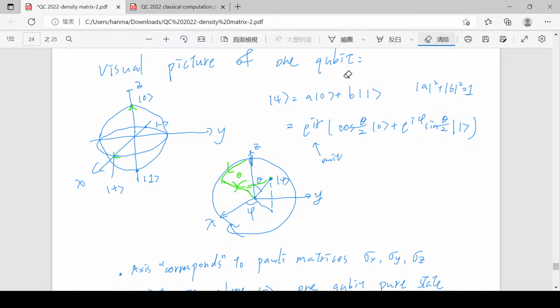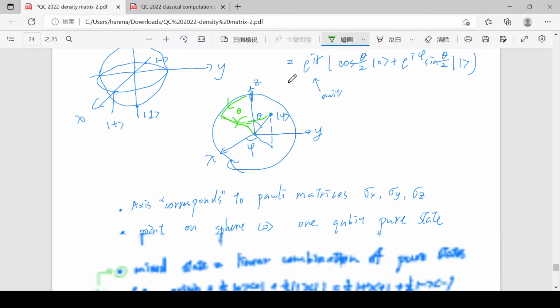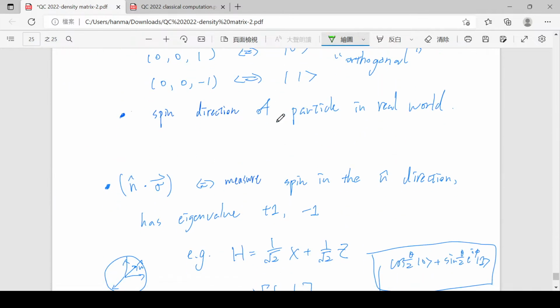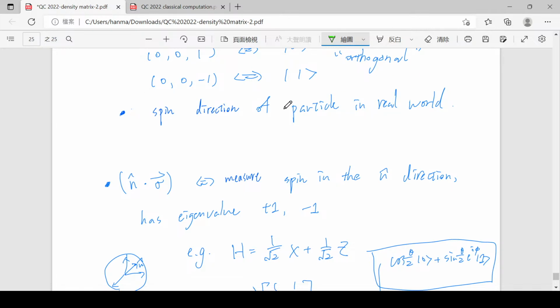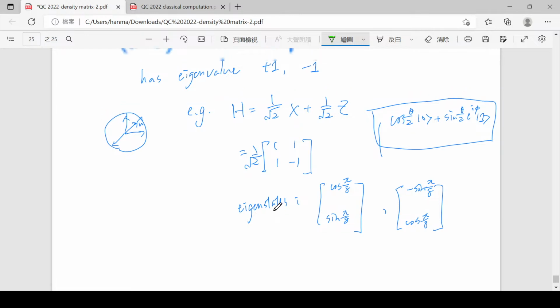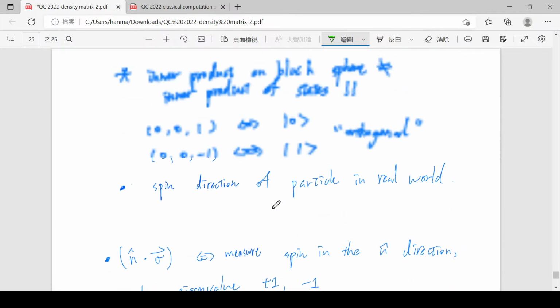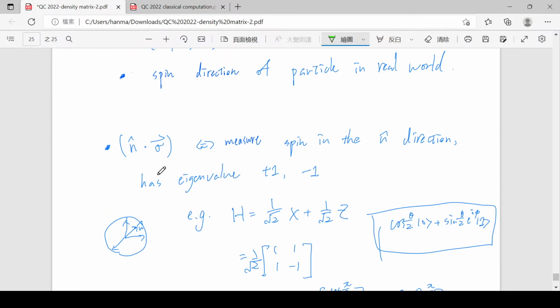But we are not talking about physics, so that's something nice to know, but probably not in your homework or exam. Another nice thing to know about this is measurement.